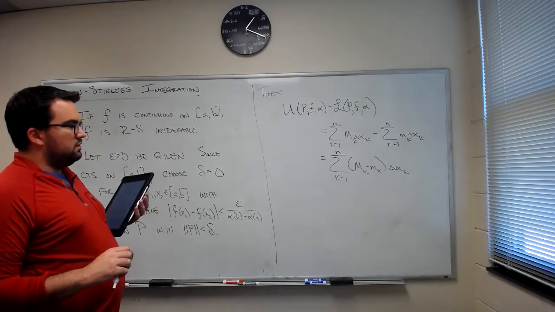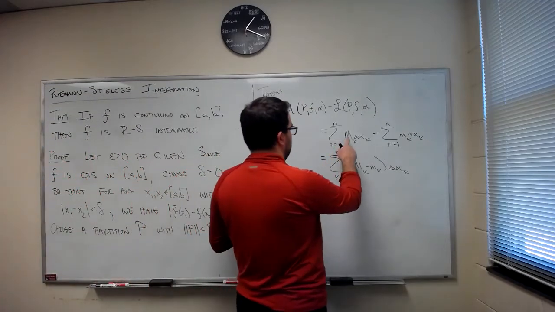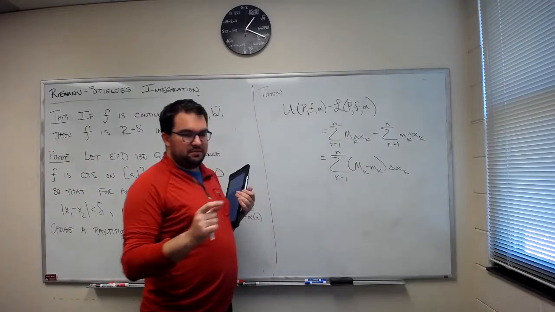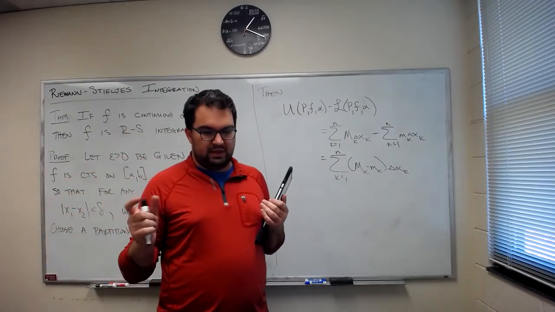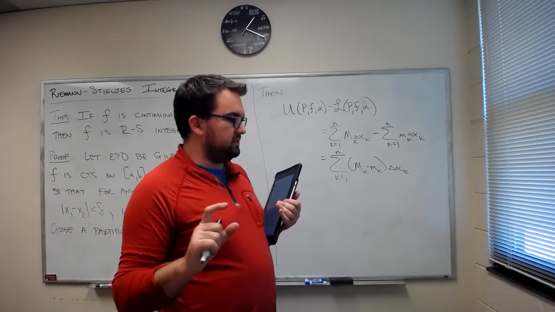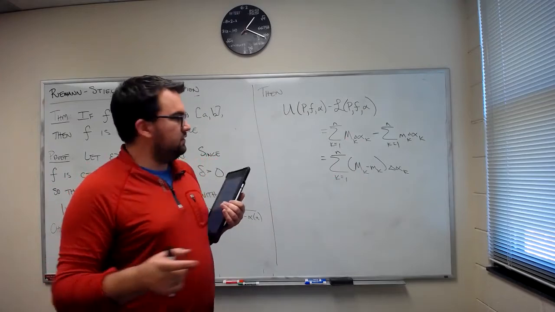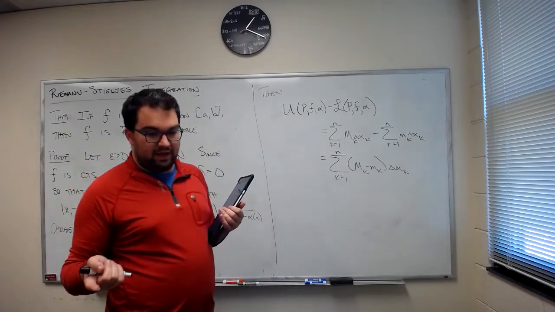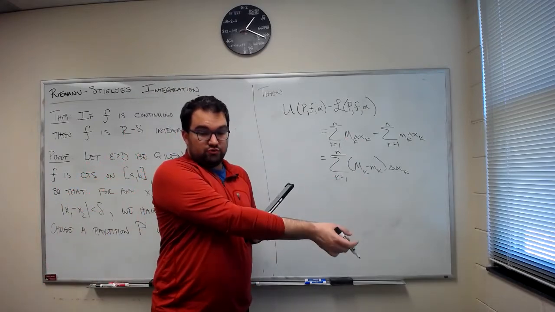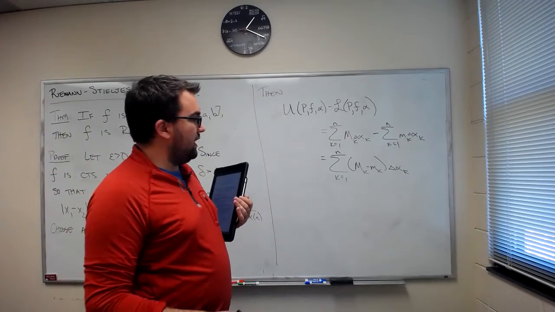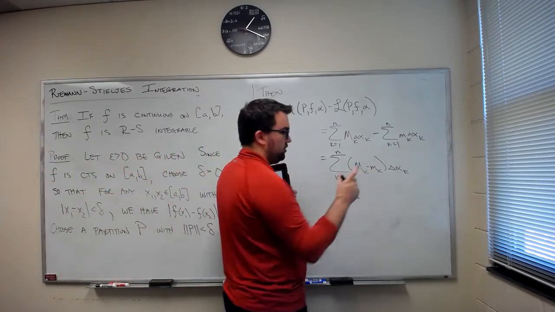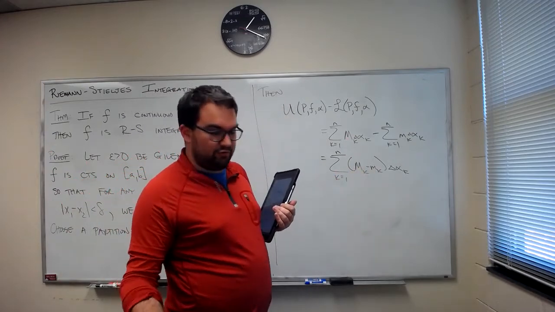Now, remember what these are. This capital M sub k is the maximum value on the interval [x_{k-1}, x_k]. The little m sub k is the minimum value on that interval. By the extreme value theorem, I know that both of these values are achieved somewhere in that interval.